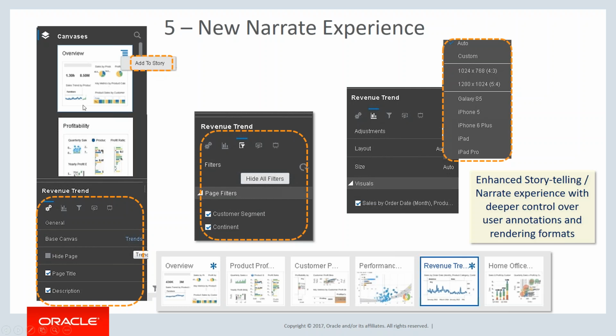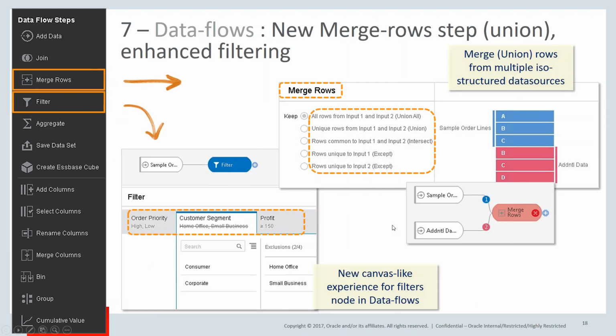You have your canvases listed, you simply drag them down to the list of pages, and then you can control for each of the pages which of the visualizations on a different canvas are even shown, and we can control the pixel count of how big the pages are. I'll show that, and that makes it easier for us to really go into what I would call presentation mode and be able to show these to others in the organization.